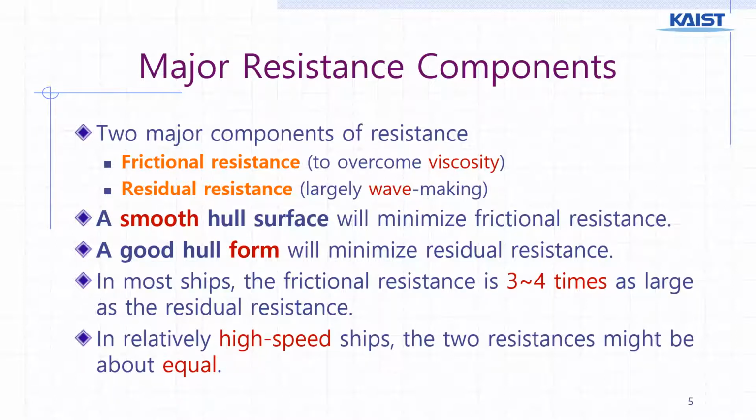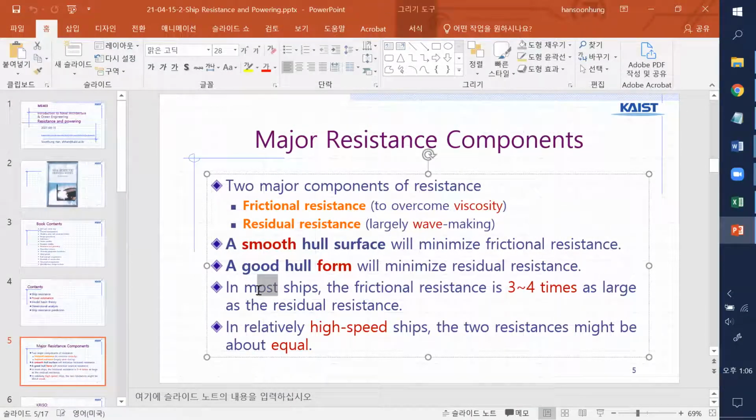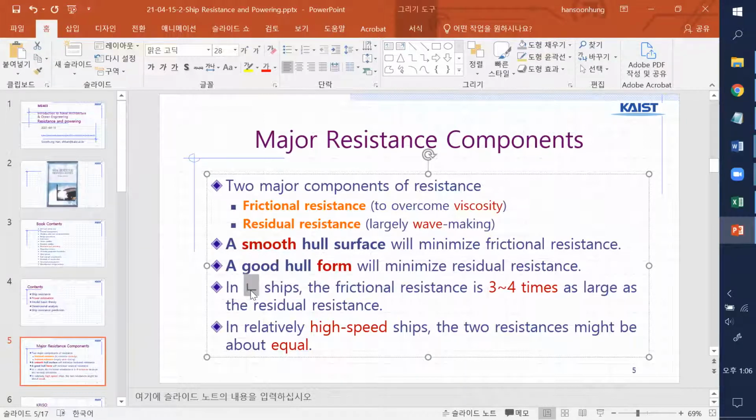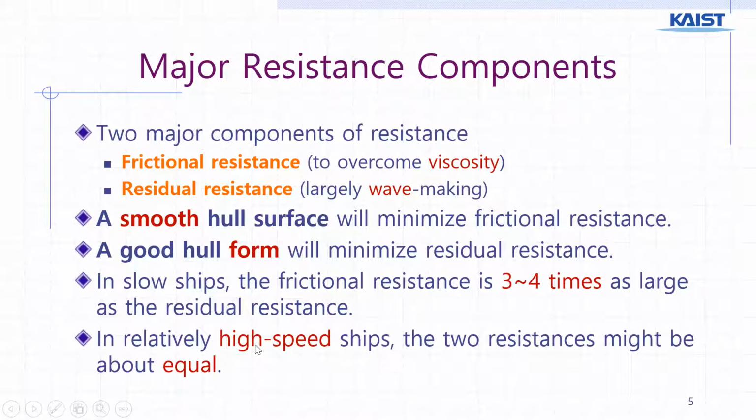So this statement should be modified anyway. In most slow ships, you can say slow ships. And in high-speed ships, the two resistances might be about equal, but depending on speed, sometimes wave making is bigger.